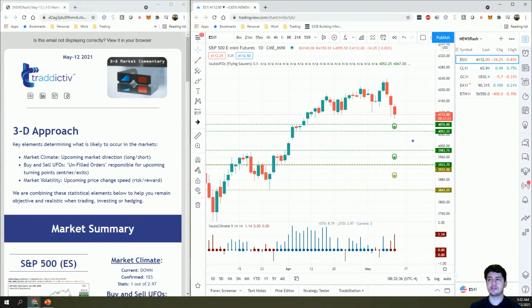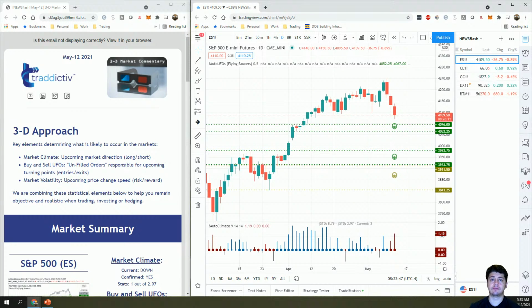The buy and sell UFOs, which are the flying saucers that you see here and all these down here as well, are the potential turning points where we expect some unfilled orders to still be there, so that when price touches them, we may expect either a pullback or a reversal, depending on the strength of the climate and the quantity of unfilled orders.